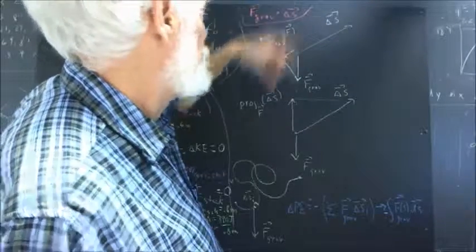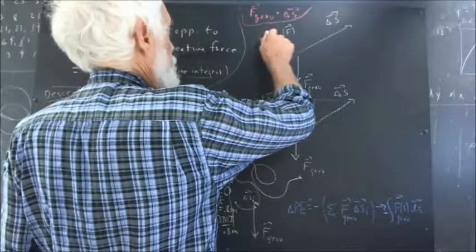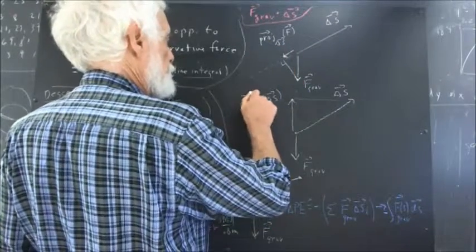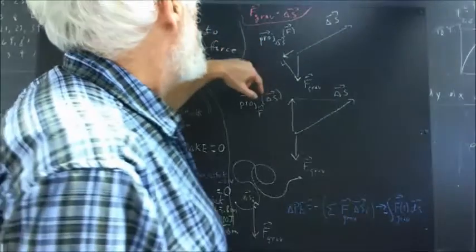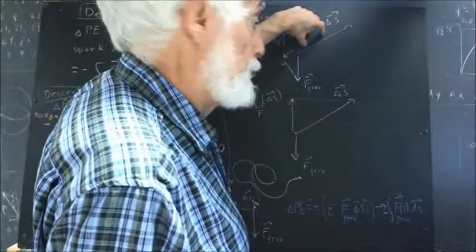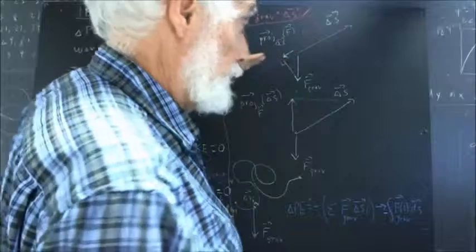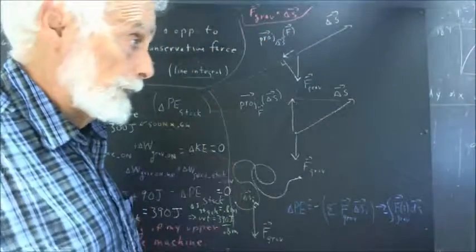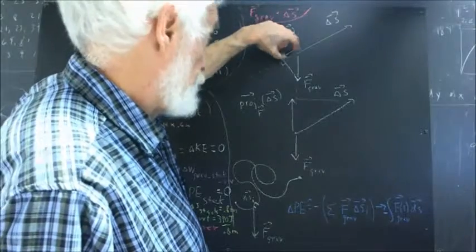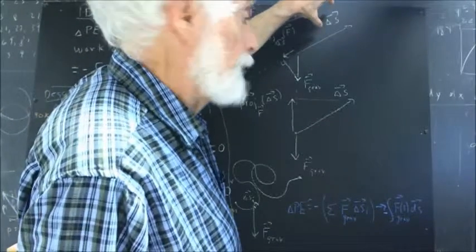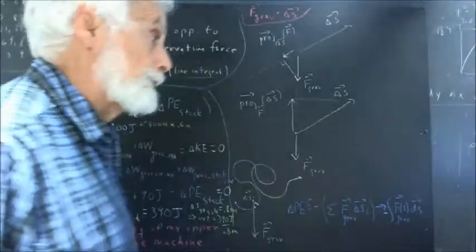Now we still would do the dot product of the projection vector with the delta S vector, but they're both along the same line, so the magnitude of the product is just going to be the magnitude of this projection of the gravitational force times the magnitude of the displacement.